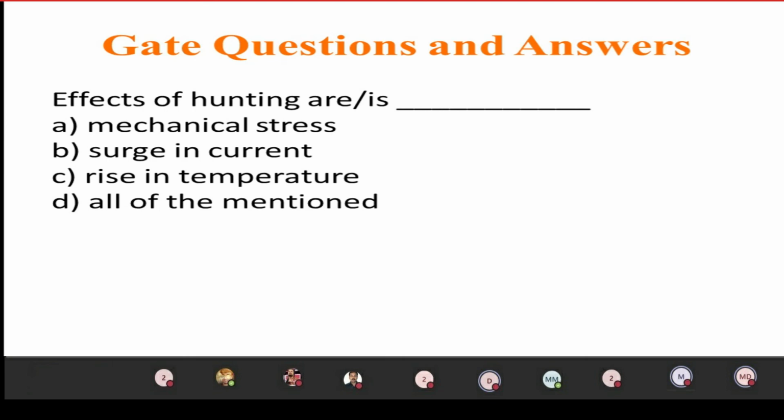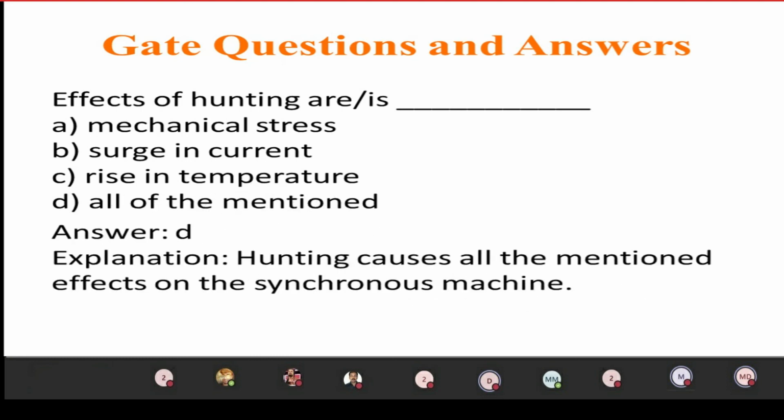The sudden oscillation producing the change in frequency will lead to a sudden surge in current. Once a high amount of current inrushes into the circuit, there is a rise in temperature. I squared R loss always dissipates in the form of heat. So the result is D. The hunting causes all the mentioned effects in a synchronous machine.